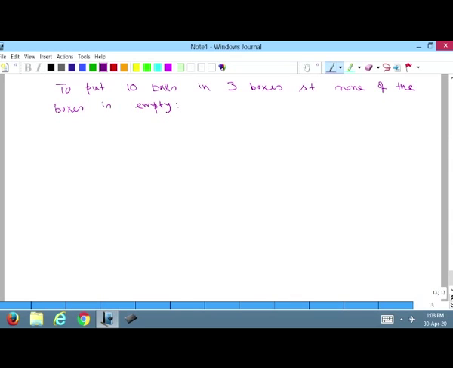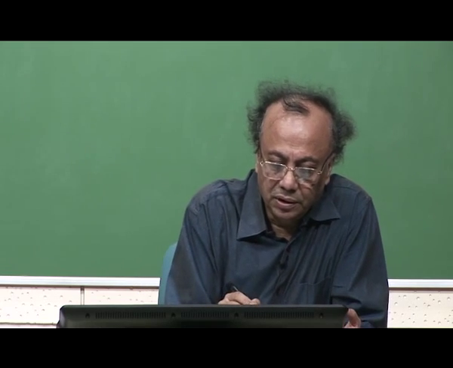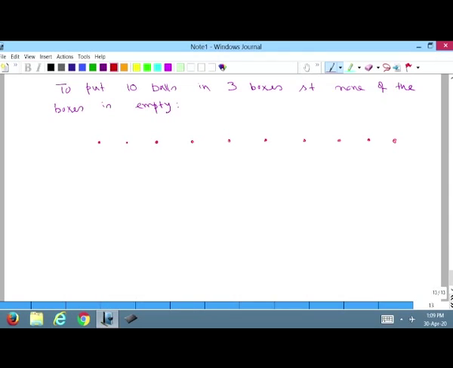So, how to do it? Consider these balls. Among these 10 balls, we have to put some in box 1, some in box 2 and some in box 3. So, how many ways can you do it? The solution to the problem is as follows. Let me start from slightly at the beginning.